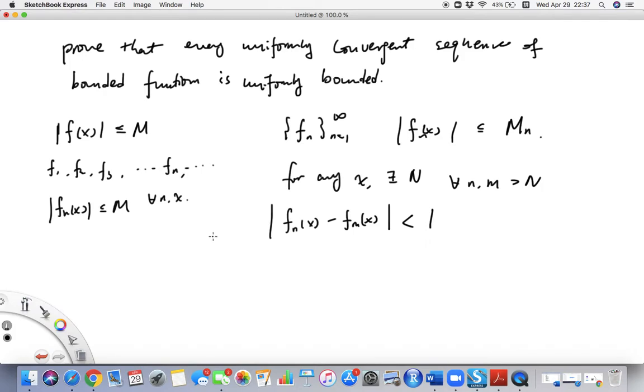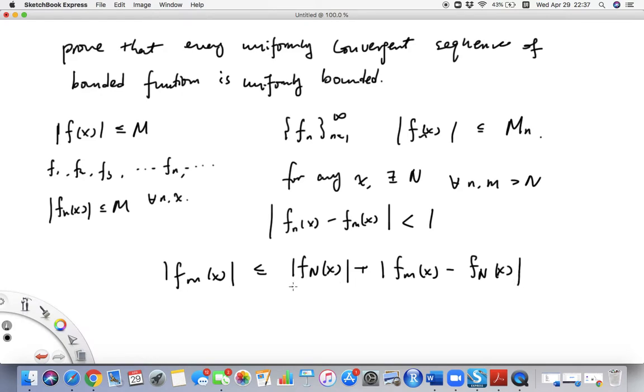All right. Then |fm(x)| is less than or equal to |fN(x)| plus |fm(x) - fN(x)|, right? This is the triangle inequality.